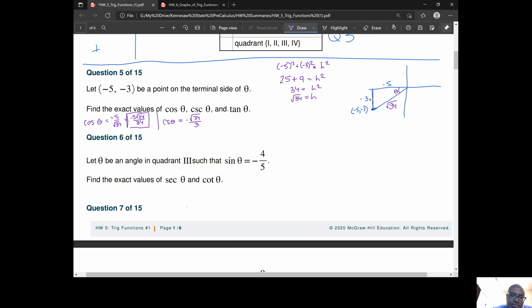Easy. And tangent of theta is equal to opposite over adjacent, which is 3 over 5. Remember that tangent in the third quadrant is always positive. Okay, so that wasn't bad.